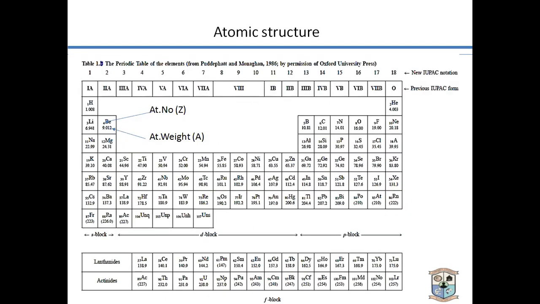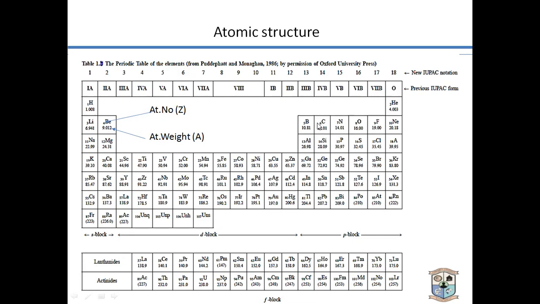So there we have our periodic table, which is an arrangement of our naturally occurring elements. In the periodic table, you have your element, and with every element there's the Z and the A. So you have your atomic weight at the bottom and the atomic number at the top, for each and every element.